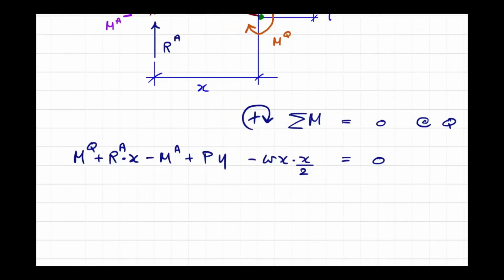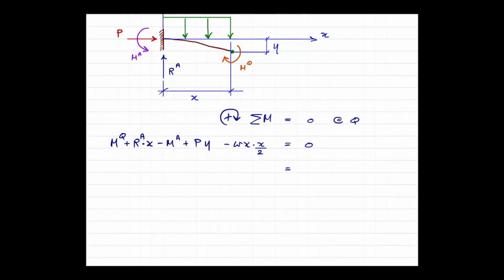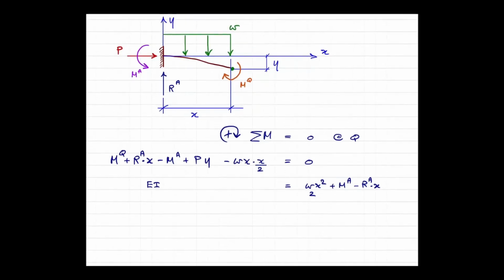We look at all things. In the next slide, let me fix things up. I now have Wx squared over 2 on the right hand side plus MA minus RA x, on the left hand side I have the MQ, and I think I should just expand the MQ, which is just EI.